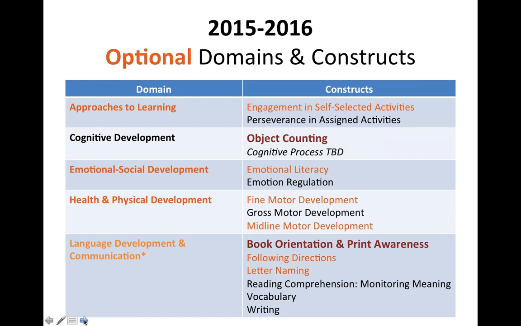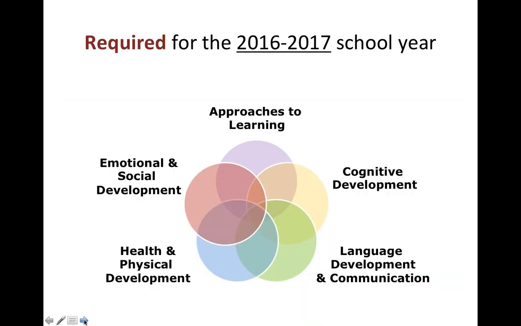So again, you are encouraged to explore and become familiar with the other constructs so that you will be well prepared for the following year, when kindergarten teachers will be required to address all the highlighted constructs. So, as you see in this slide, all 5 domains will be required for the following 2016-2017 school year.